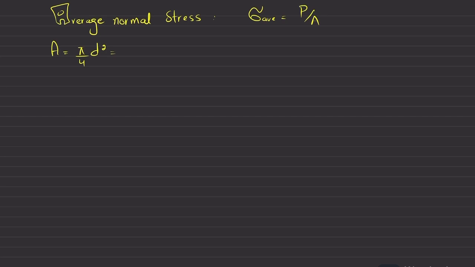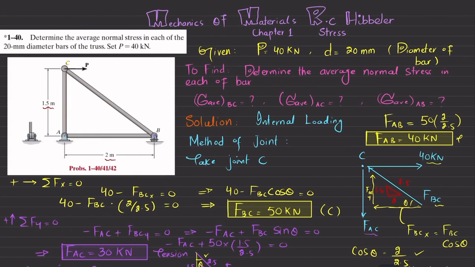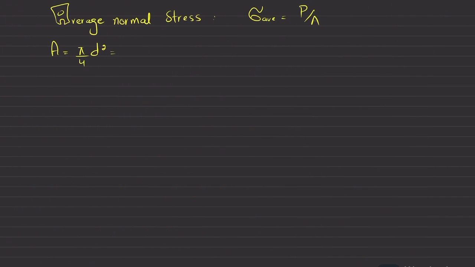Diameter of each member is given as 20 millimeter. So you can just put pi by 4 into 20 millimeter, in meter 0.020, power 2, and that will give you 0.3142 into 10 raised to power minus 3 square meter.